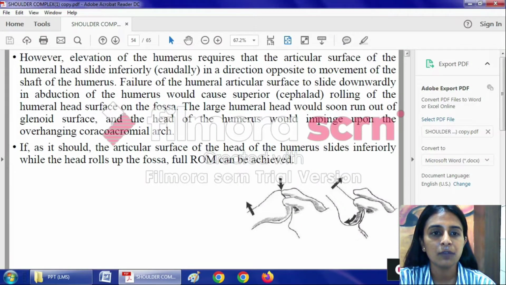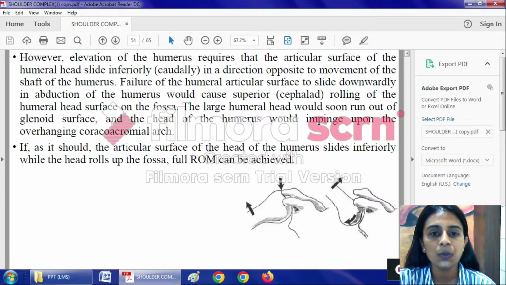However, as elevation of the humerus occurs, the articular surface of the humeral head slides inferiorly, in a direction opposite to the movement of the shaft of the humerus. With failure of the humeral articular surface to slide downward, abduction of the humerus would cause superior rolling of the humeral head on the surface of the fossa.